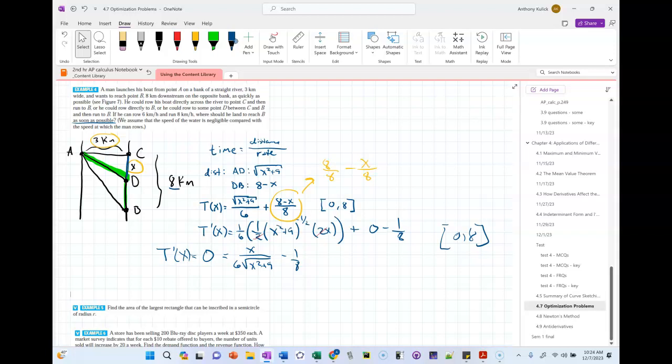All right. So this is pretty yucky here, right? So if you have a calculator, what can you do? Yeah, graph and find the intersection, for sure. If I have a calculator, that's how I'm doing this. Algebraically, could we still do this? Yeah, but it is going to be a beast. So I would add the 1/8 over.